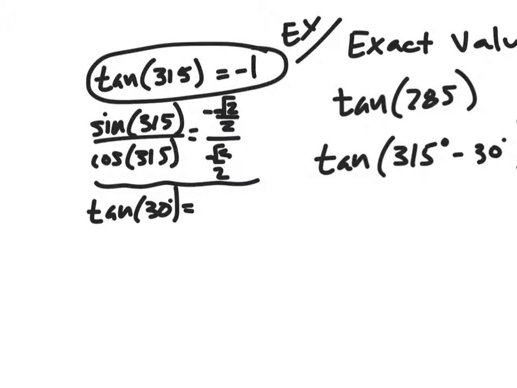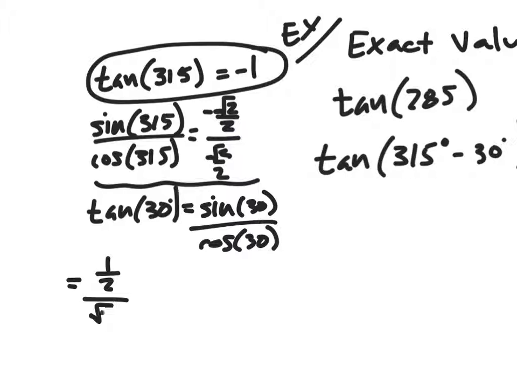So we're going to get sine of 30 over cosine of 30. Sine of 30 is 1/2 divided by square root of 3 over 2. So this is going to be 1/2 times 2 over the square root of 3. 2's divide out. We've got 1 over root 3.